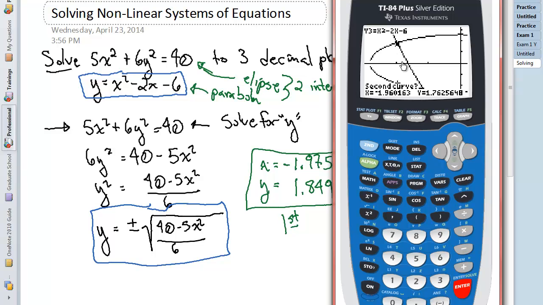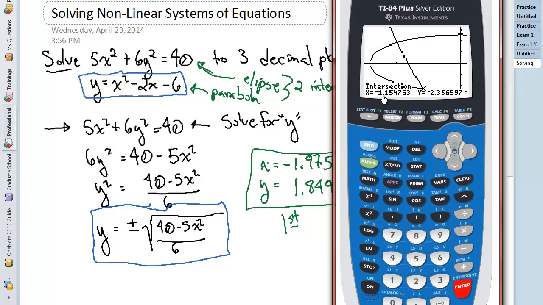Then I have the third curve, that's good. And now I need my guess. I had to hit the right arrow key to get it to go over instead of the down arrow key, because I made a mistake.